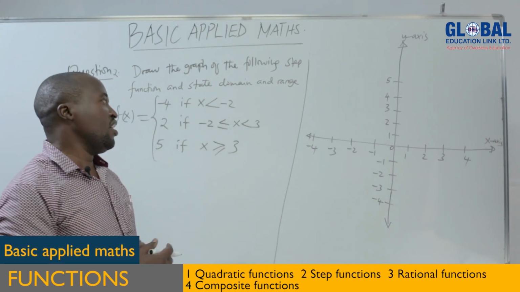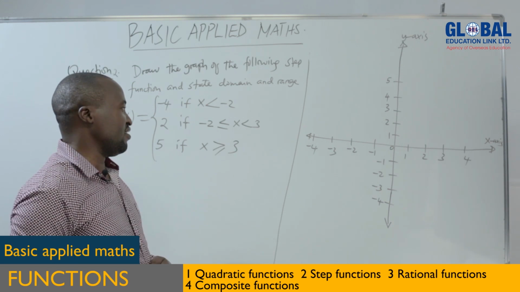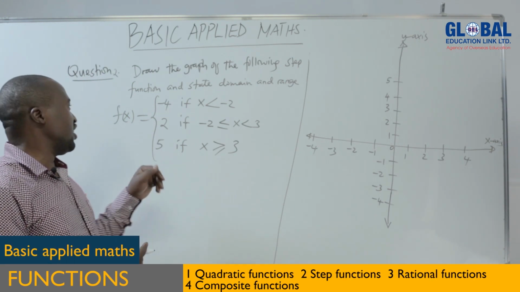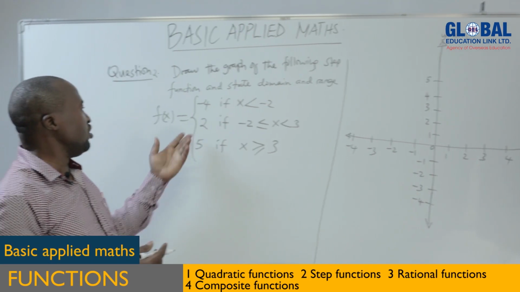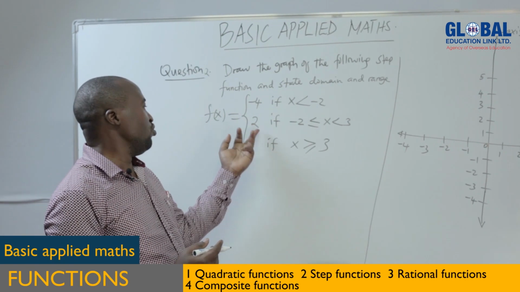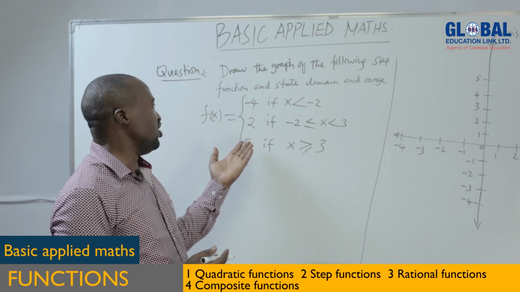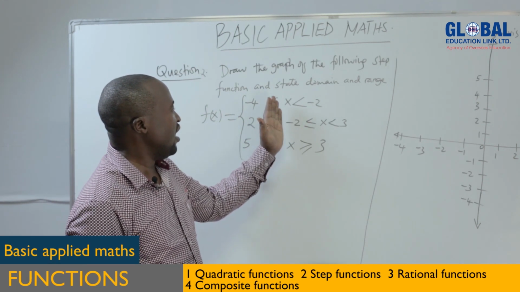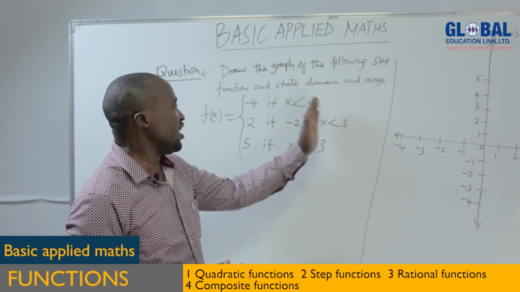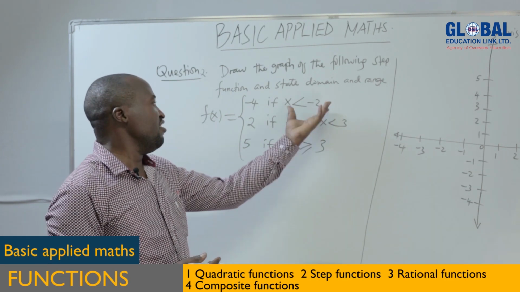So that is our x and y axis. Now remember, in this step function, the first entries, which are -4, +2, and 5, these are y values, or we call range. And of course, the second values, these are x values.